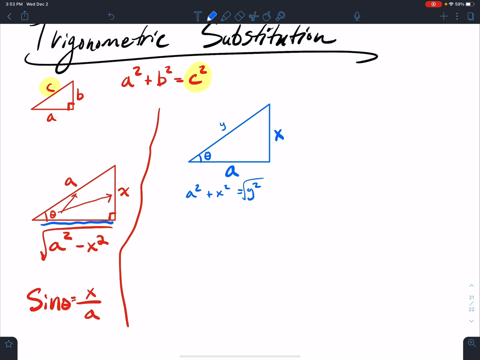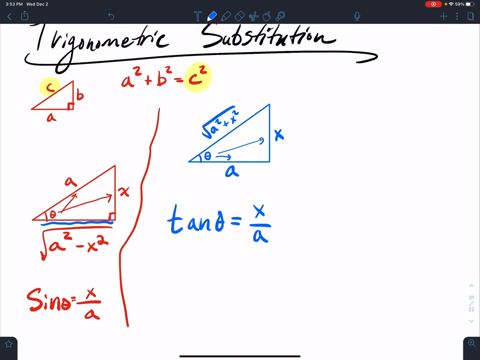To get y by itself, I square root both sides. So this here is the square root of a squared plus x squared. Okay? The substitution here would be the tangent of theta. Now tangent is opposite over adjacent, so x over a for this scenario here.